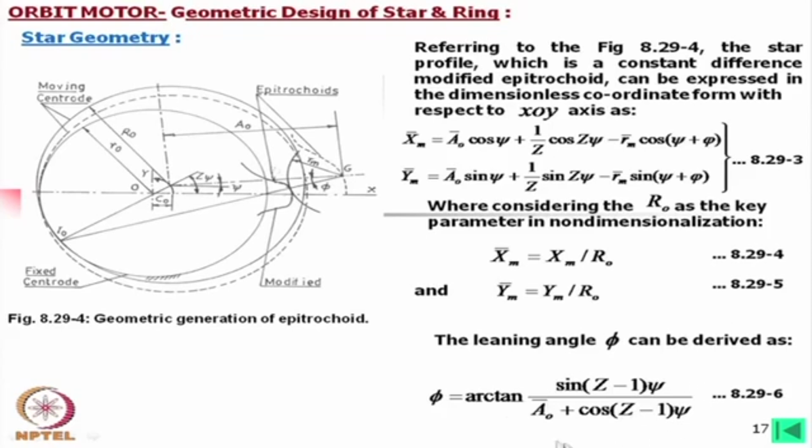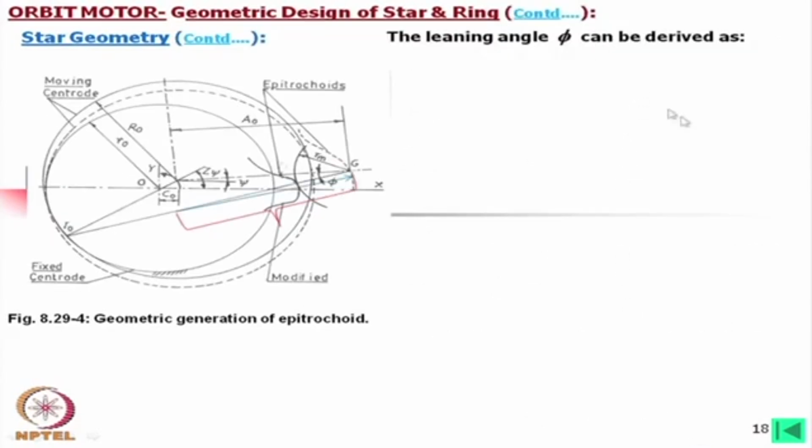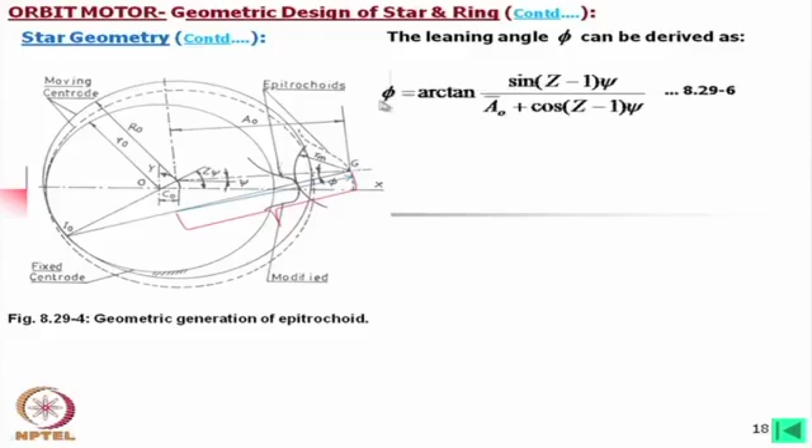So, these are all known values. You can easily calculate this angle, and the maximum of this leaning angle, which I have already shown. So, the maximum of this angle is given by this one.